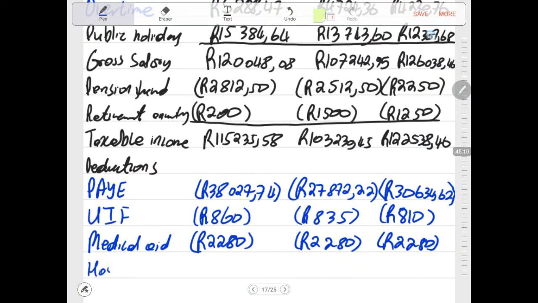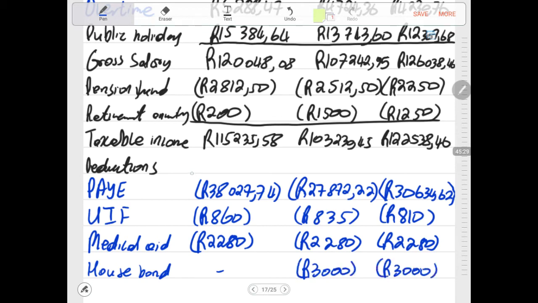House bond, that is the bond of the house. This one, maybe his bond is paid off 3,000, and this one it is also 3,000 rands.